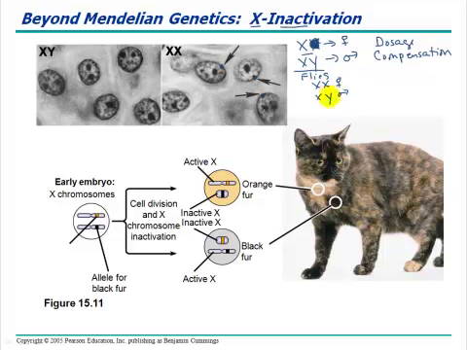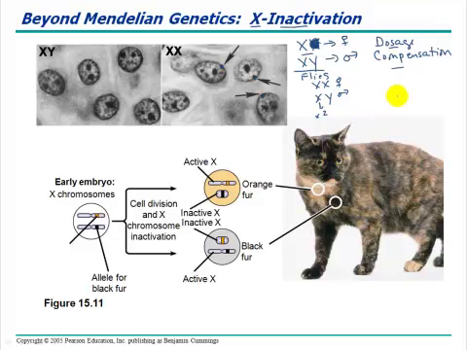But rather than having X inactivation, what flies do is they take that single X chromosome and they double the expression of every single gene on their single X, bringing it up to a level that matches that of female, right? So there are different ways to accomplish dosage compensation. X inactivation is just the way that it's accomplished in mammals like us.